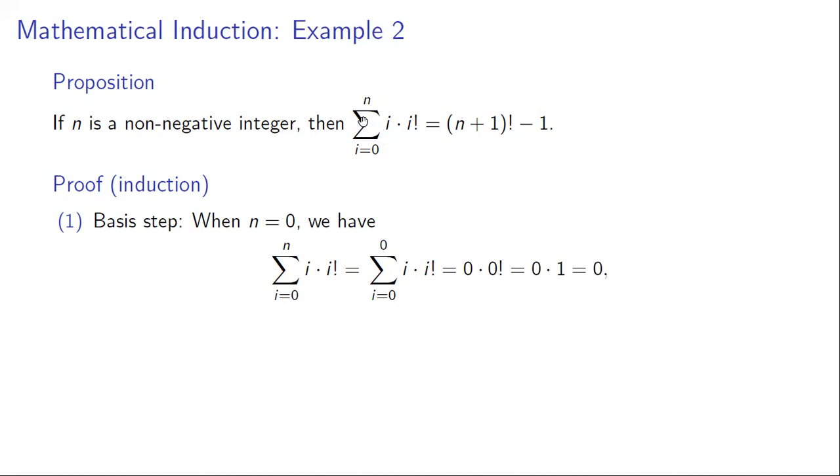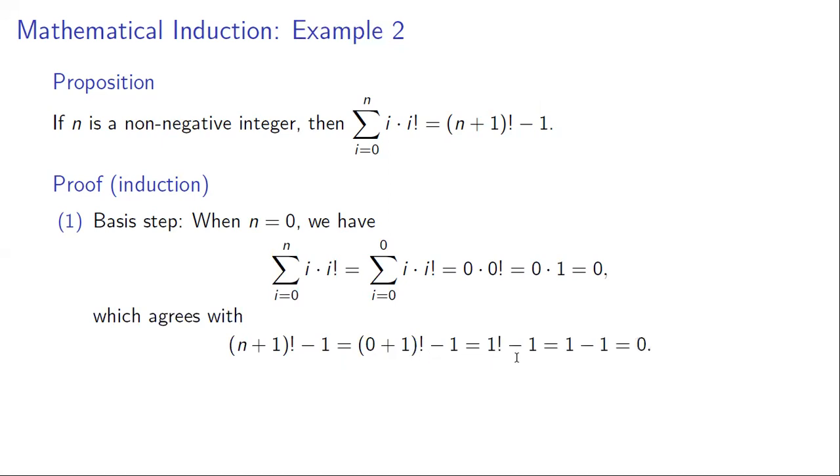Now we want to check to make sure that it is equal to the right side, because the claim is that this sum should be equal to n plus 1 factorial minus 1. Well, it does agree. That is 0 plus 1 factorial minus 1, which is 1 factorial minus 1, which is 1 minus 1, which is 0. So these agree with each other. That's good. So that's the basis step. In other words, we have proven that the proposition works when n is equal to 0, meaning the lowest possible value of n.